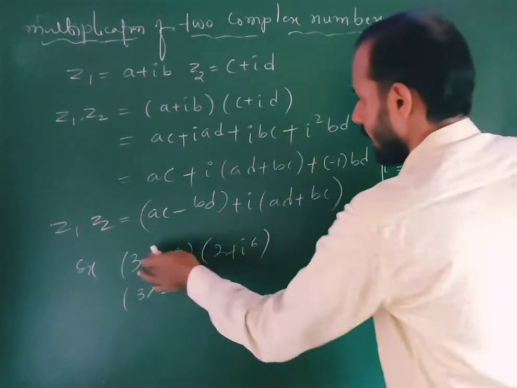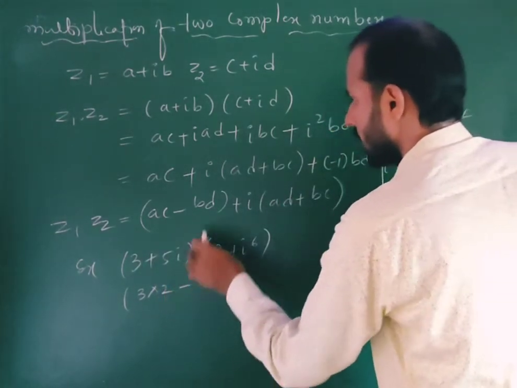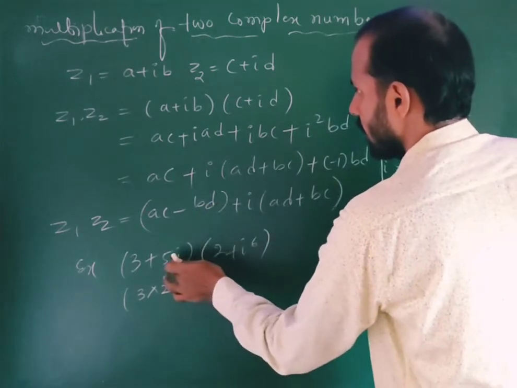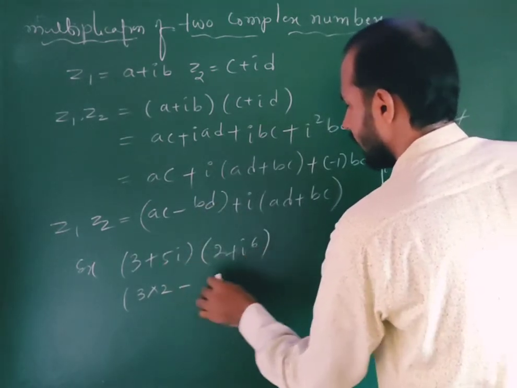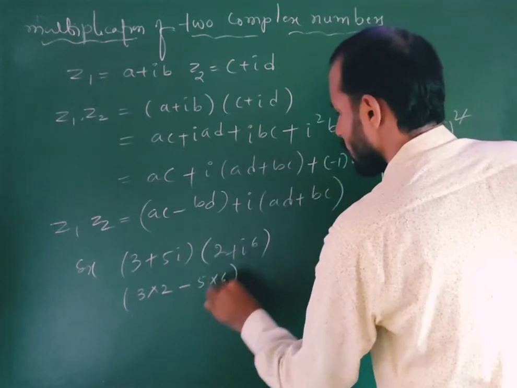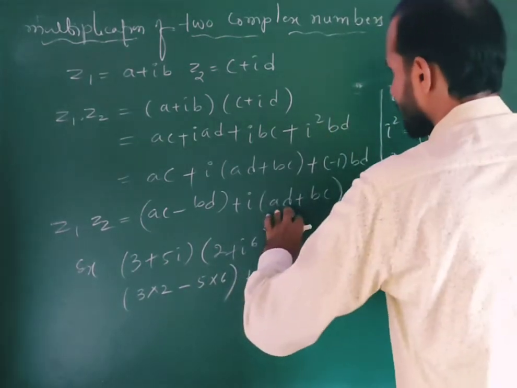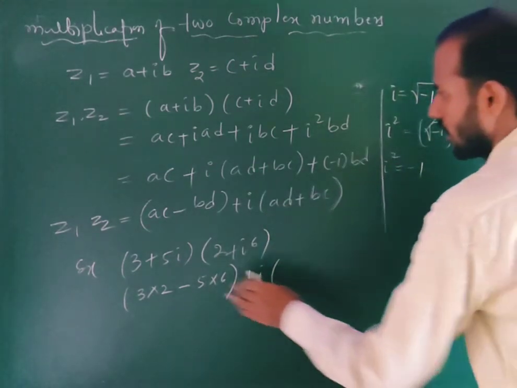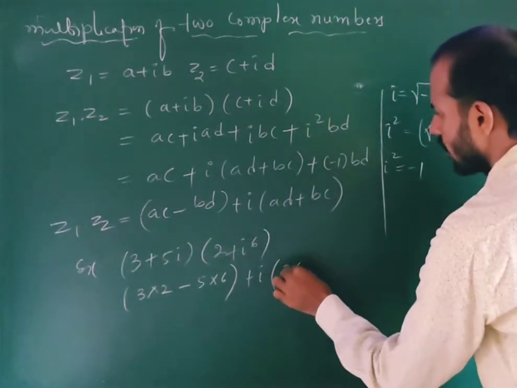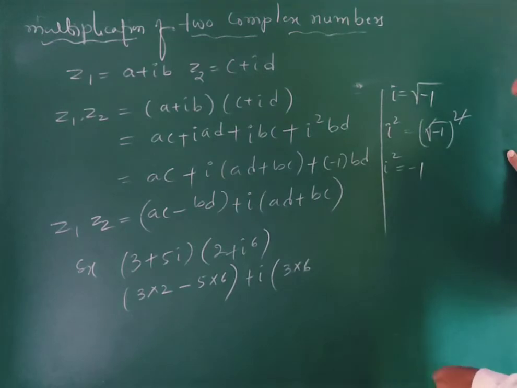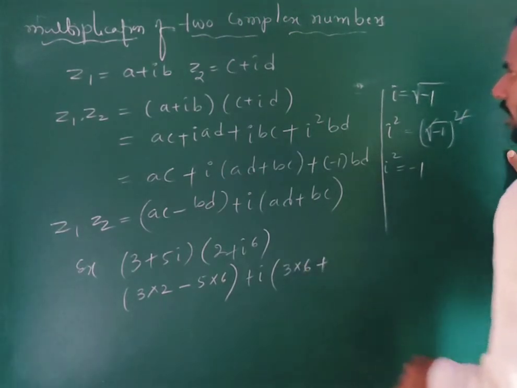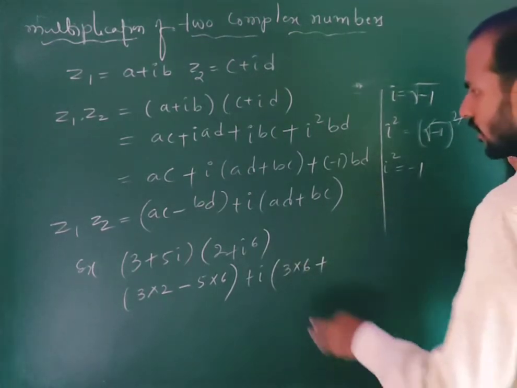So 3 into 2 minus B into D. Here B into D means 5 into 6, plus i as it is, AD. AD means here 3 into 6, right? Next plus BC. BC means 5 into 2.